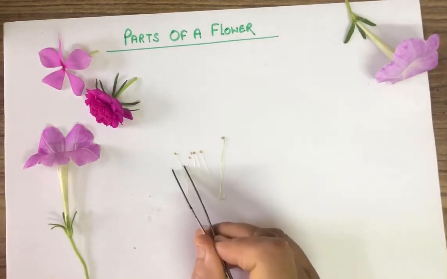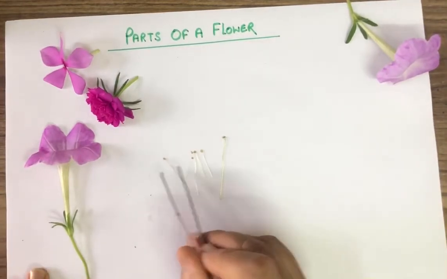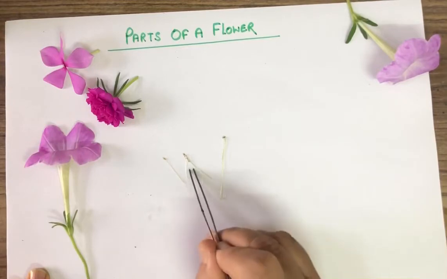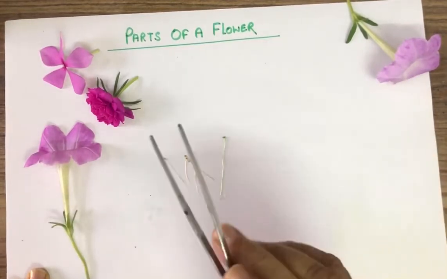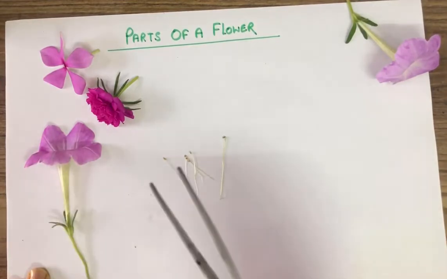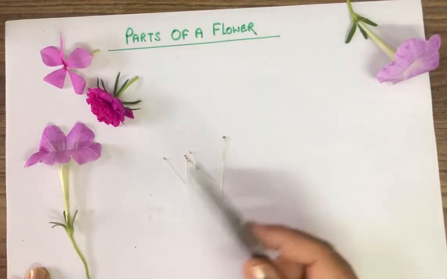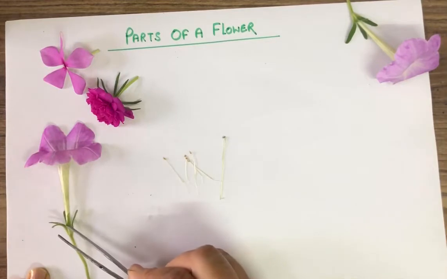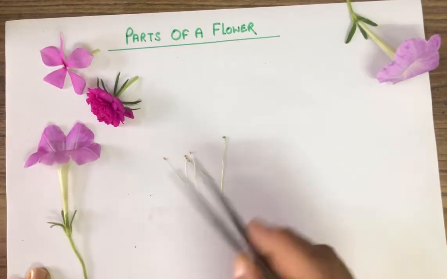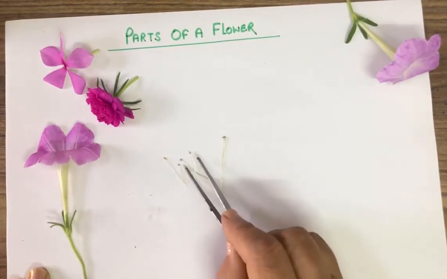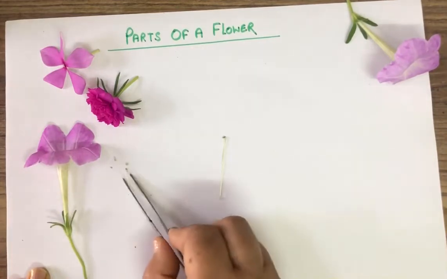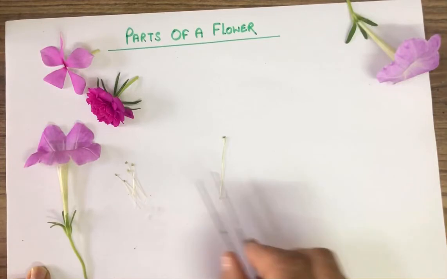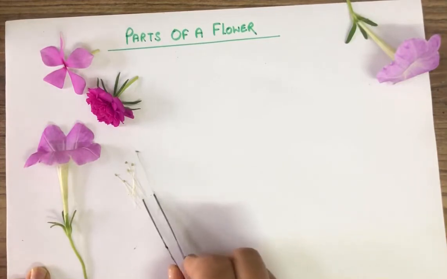These are the male organs. I have shown you these 5. This type of flower, this plant, all the flowers will have 5 sepals, 5 petals, and 5 male parts, and 1 female part. I'll tell you what the male parts are.